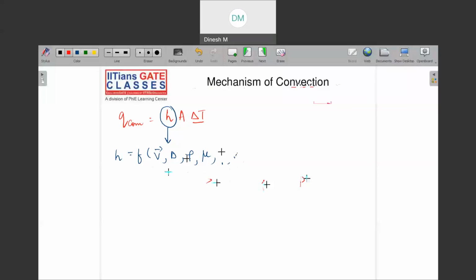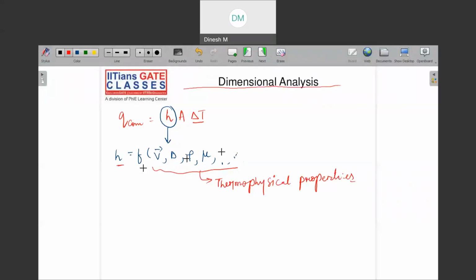So what dimensional analysis does is group these thermophysical properties into some dimensionless numbers, and then I would say that h is dependent upon those numbers. Then I would look at the relationship between h and those numbers, and then I am able to do this analysis. Got the idea? So let us try to find out this dependency.